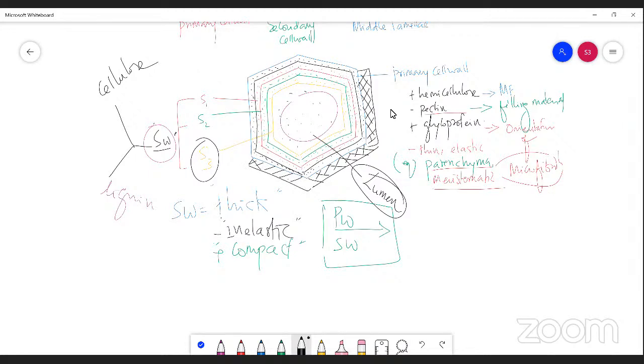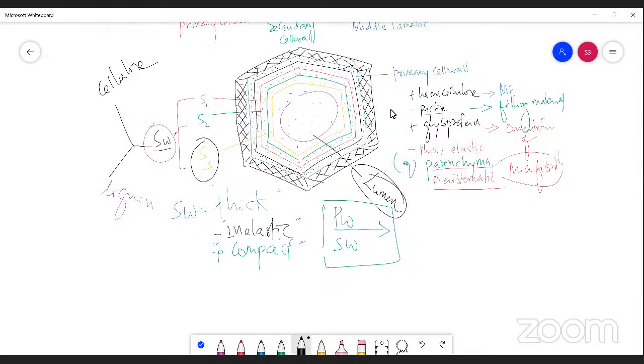It is in an amorphous condition, and it has pits, and it also joins together two adjacent cells. That is the role of middle lamella.